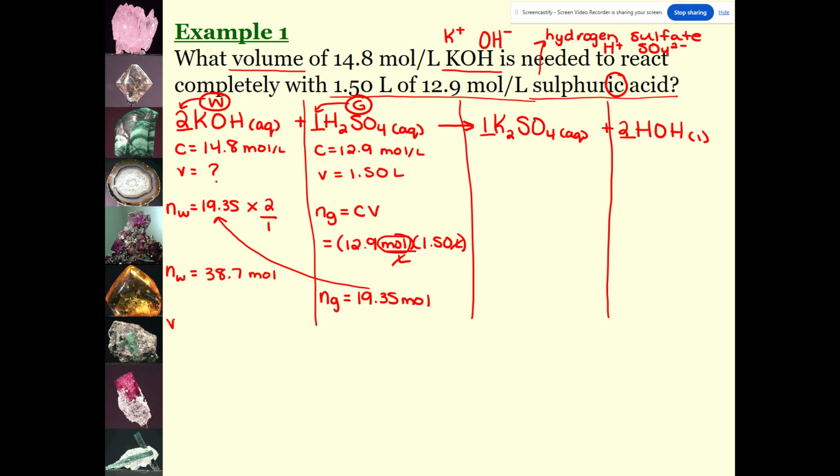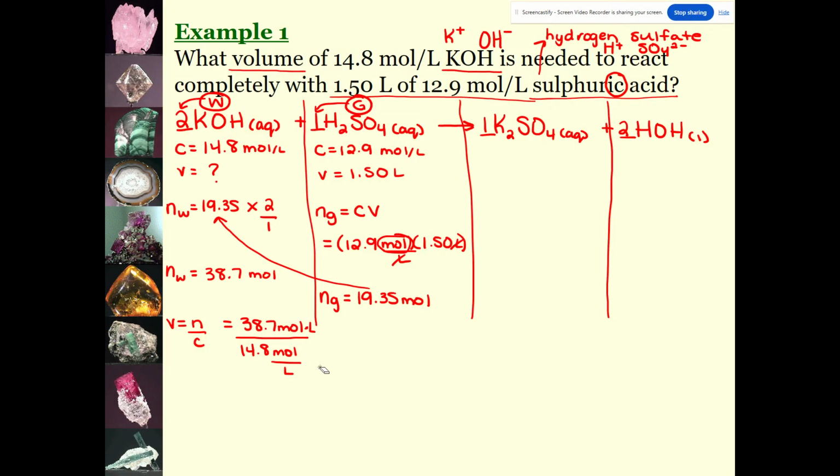So the formula for volume is N over C. Again, the concentration formula rearranged for volume. So my N was 38.7 moles. I'm going to divide by the concentration of my wanted, which is 14.8 moles. I explained this in my last video, but whenever you have the denominator in the denominator of a fraction, it moves up and becomes part of the numerator.